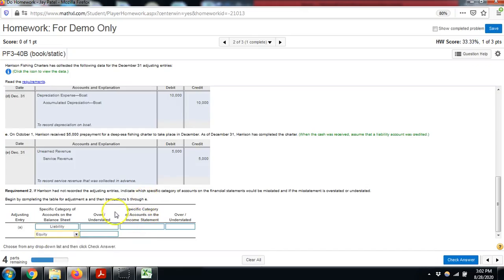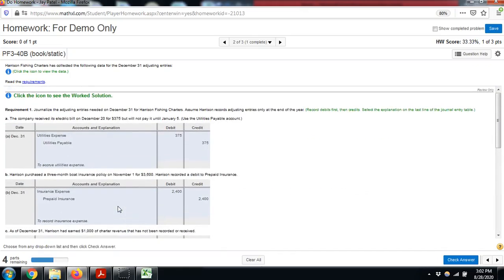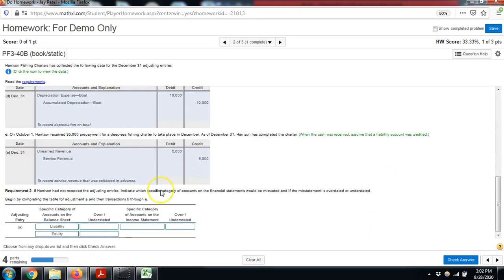So the liability, if we did not include this, we see here that we're increasing our liabilities. So if we did not do this entry, our liabilities would have been understated, and therefore our equity would have been overstated. Because if our assets are constant, then if you're understating your liabilities, since assets equals liabilities plus equity, you're showing too much equity, meaning you didn't include an expense that you should have.